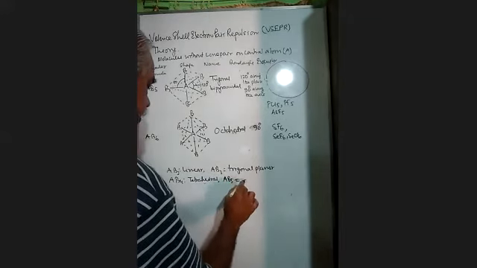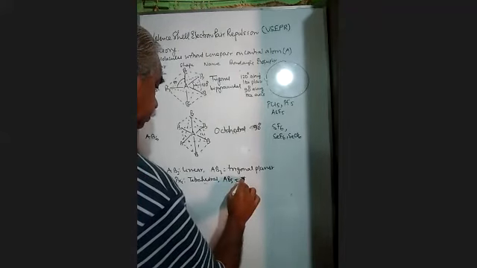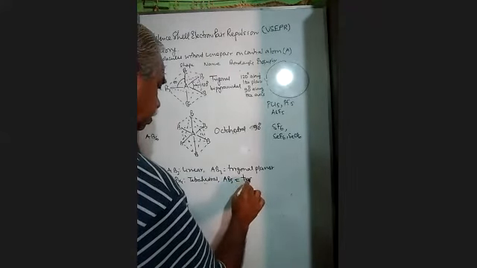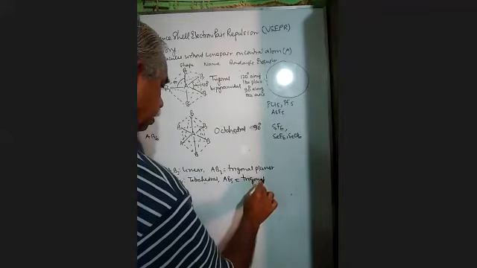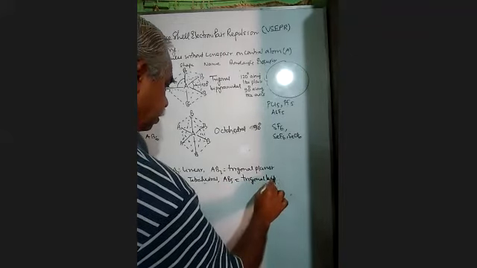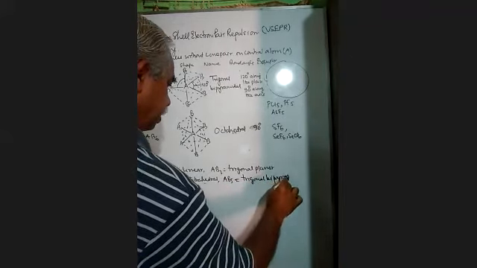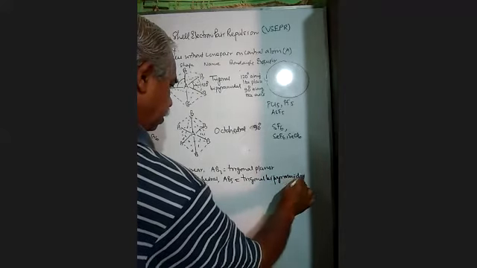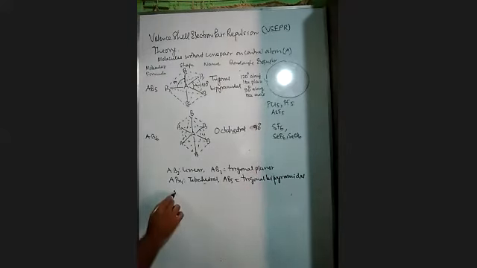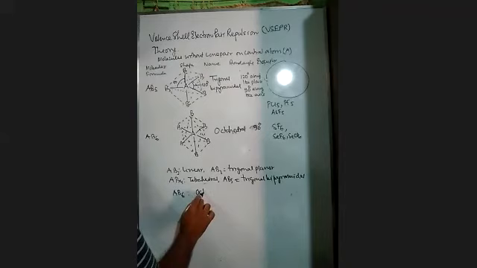AB5: trigonal bipyramidal. And AB6 is octahedral.